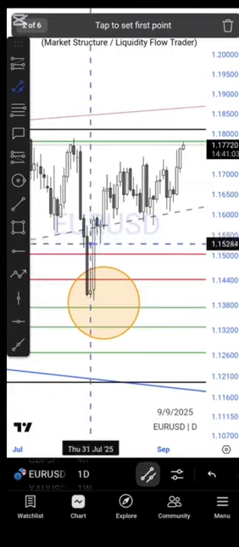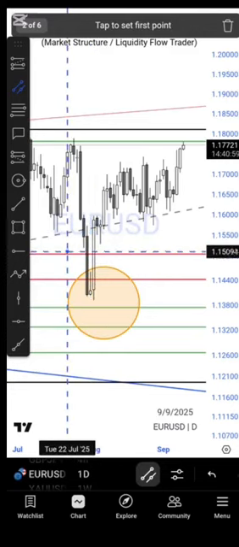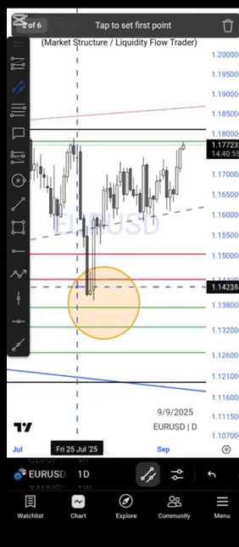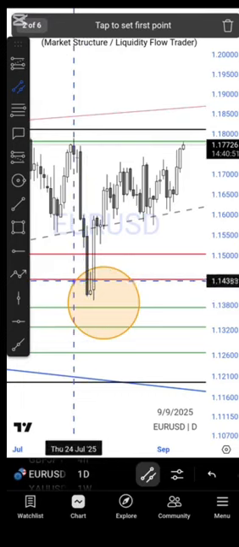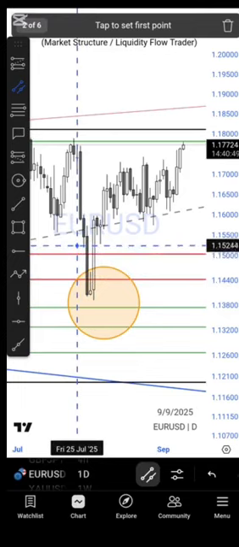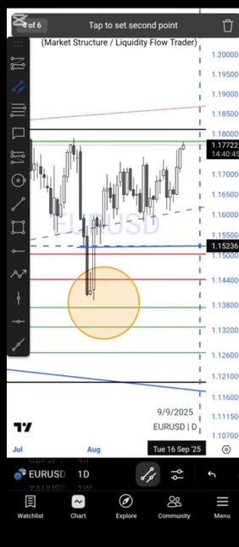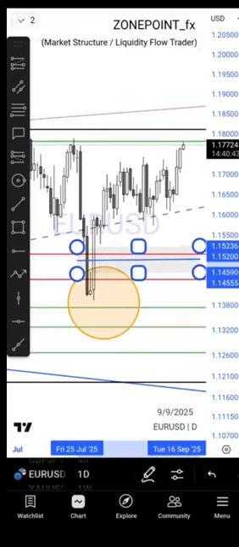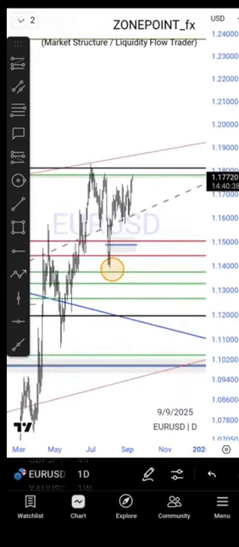This is an imbalance, yeah, and this is also a price balance range, because this is a bearish candle first, and this is a bullish candle, and there's a gap in between them. So this is a strong confirmation that price is going to come back into this level.